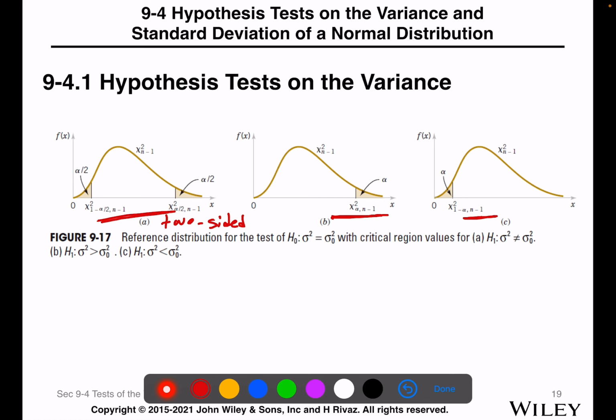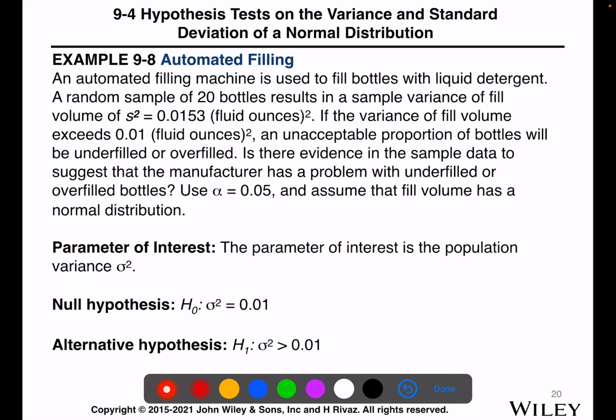Any questions? Okay. So let's look at an example. An automatic filling machine is used to fill bottles with liquid detergent. A random sample of 20 bottles results in a sample variance of fill volume of S squared equal to 0.015.